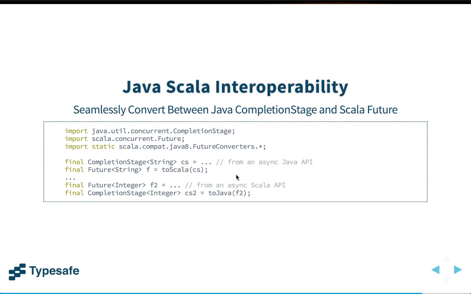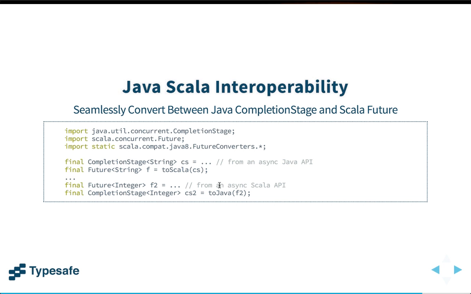There's also a conversion between Java completion stages and Scala futures both ways. So you can have an async Java API where you get back a completion stage. That's part of the Java 8 futures as well. And then you can convert them to Scala futures and pass them into Scala APIs.